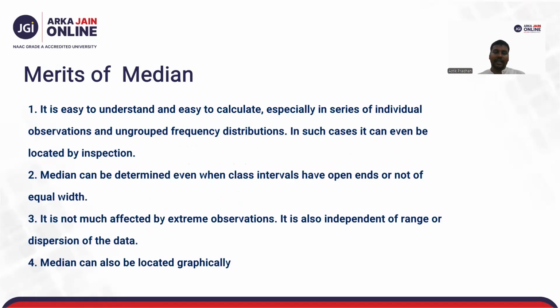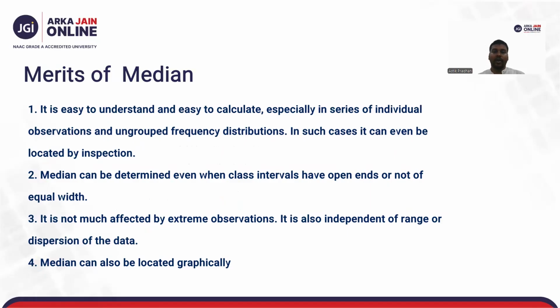Next is, what are the merits of median? It is easy to understand and easy to calculate, especially in series of individual observations and ungrouped frequency distribution. In such cases it can even be located by inspection. So usually you can locate it by inspecting the data set or sequence.